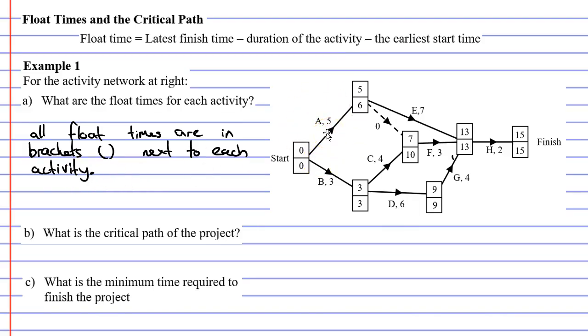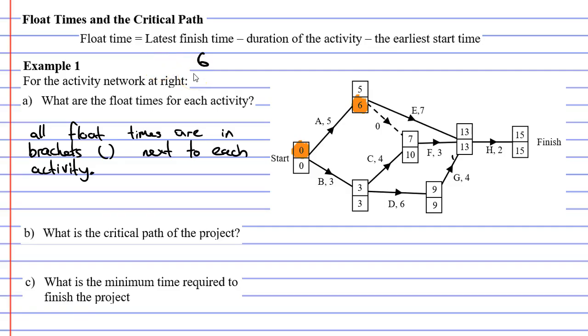And in order to find the float time, we need to look at the vertex at right for the latest finishing time and the vertex at left for the earliest start time. So to find the float time, we take the latest finishing time, 6, subtract the duration of the activity, 5, and then subtract the earliest start time, 0.